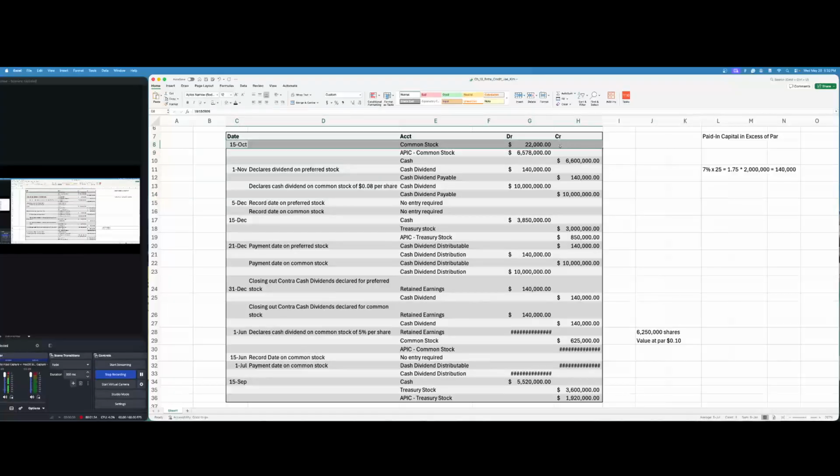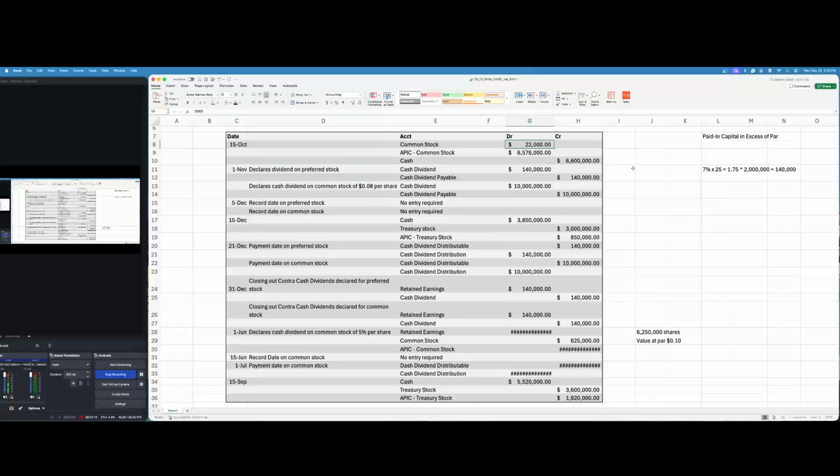There are some errors in here. For example, on October 15th, if you take a look, it looks like they debited 22,000 from the common stock account.